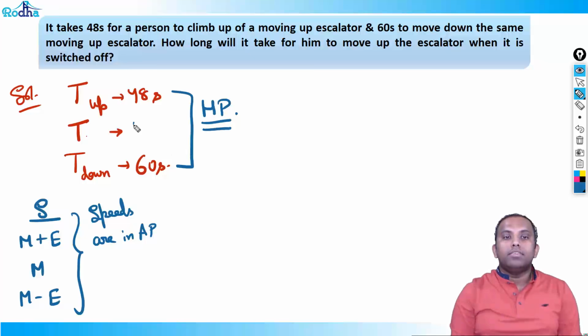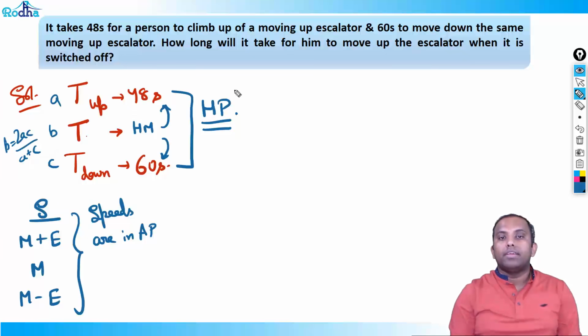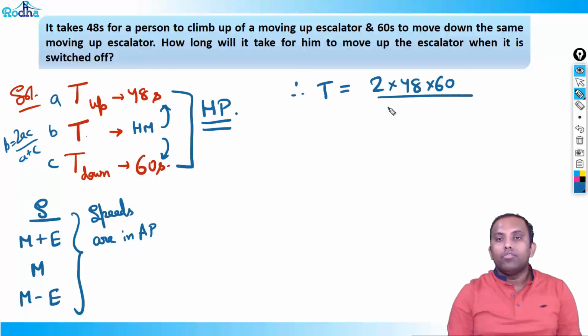That means T is the harmonic mean of these two data. You remember, if A, B, C are in HP, then B is equal to 2AC by A plus C; B is the harmonic mean of A and C. Therefore, here T is 2 into 48 into 60 by 48 plus 60.